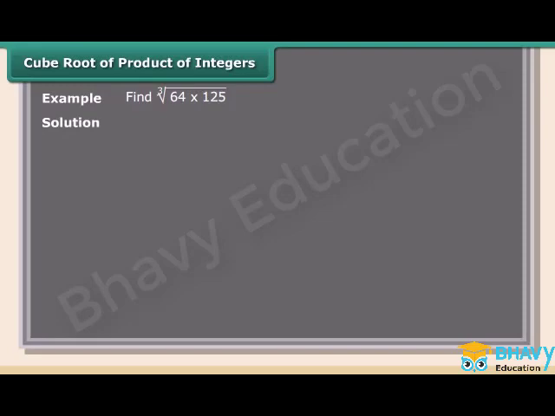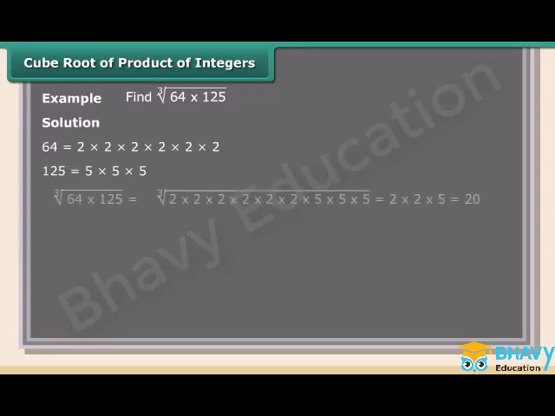Solution: 64 is equal to 2 × 2 × 2 × 2 × 2 × 2. 125 is equal to 5 × 5 × 5. The cube root of 64 × 125 is equal to the cube root of 2 × 2 × 2 × 2 × 2 × 2 × 5 × 5 × 5, which is equal to 2 × 2 × 5, which equals 20.